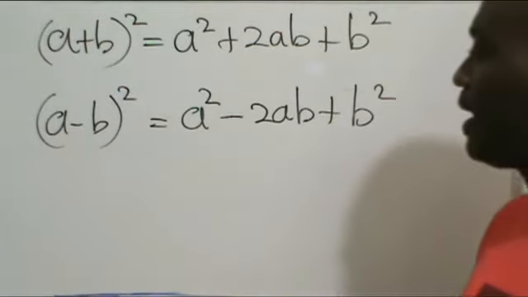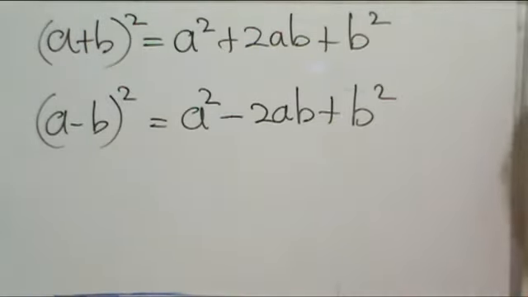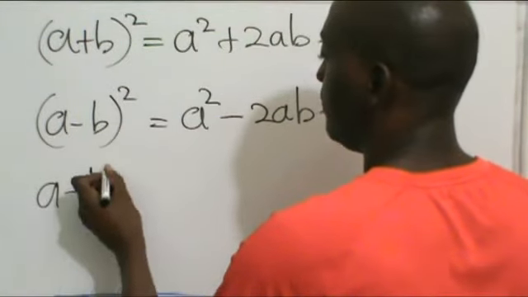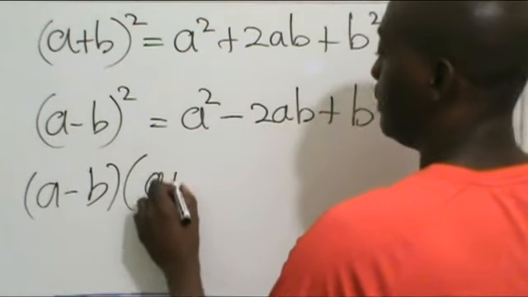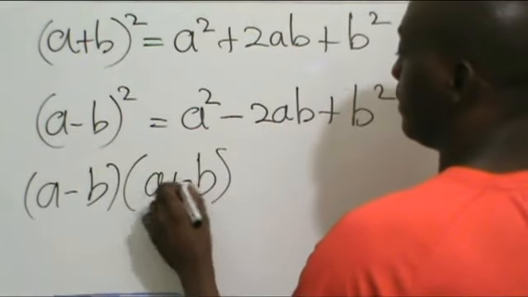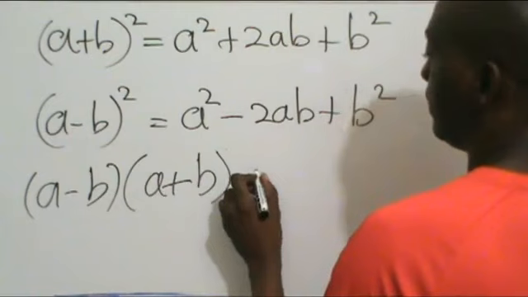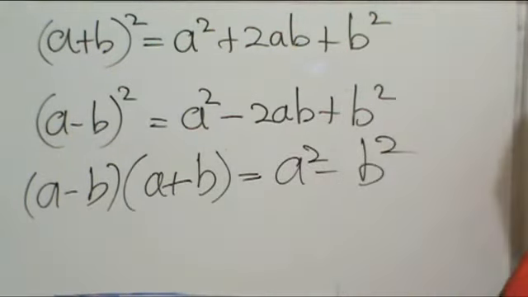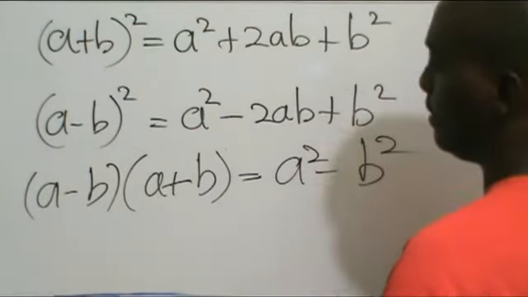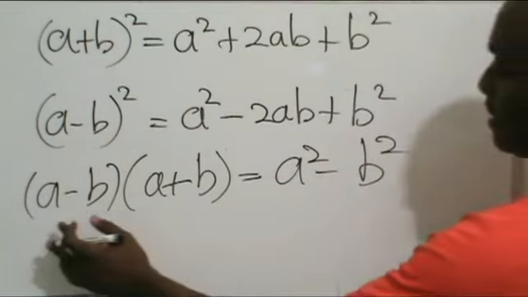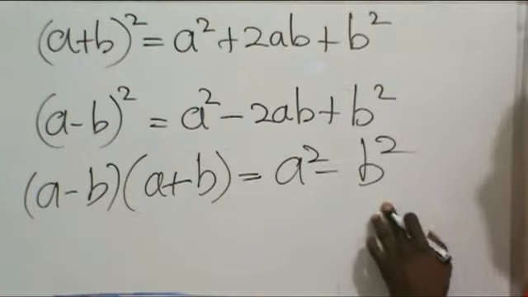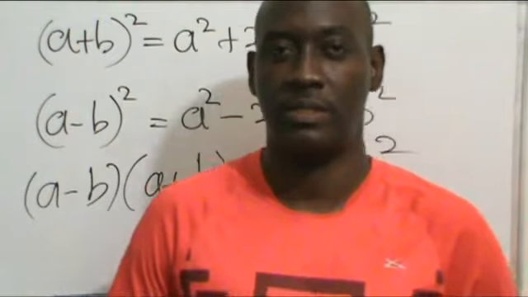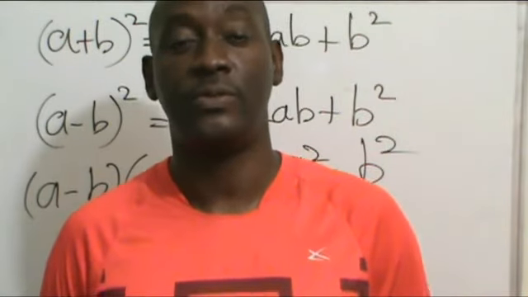And then the very last one we had was that A minus B into A plus B is equal to A squared minus B squared. Now this last one here is what we refer to as the difference of two squares. The difference of two squares.